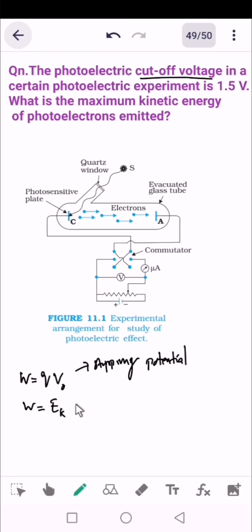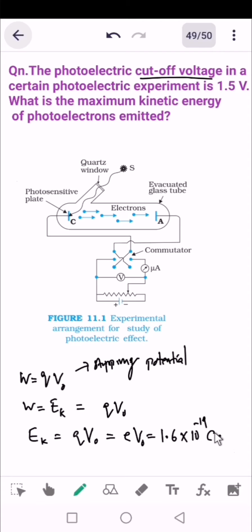Okay, so we can substitute for W. So QV naught, so Ek appears to be Q into V naught, and as we know, in the case of electron, we can replace Q by e, which is the magnitude of charge of an electron, and e into V naught. The magnitude of an electron charge is 1.6 into 10 to the power minus 19 coulomb, and V naught is given as 1.5 volt.